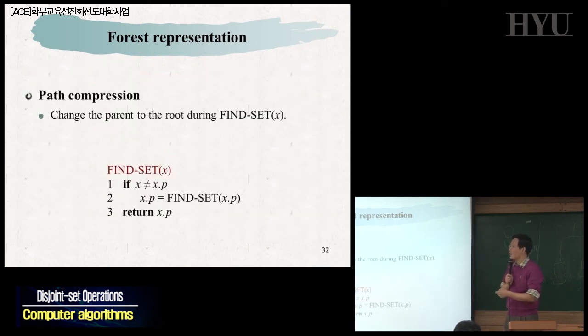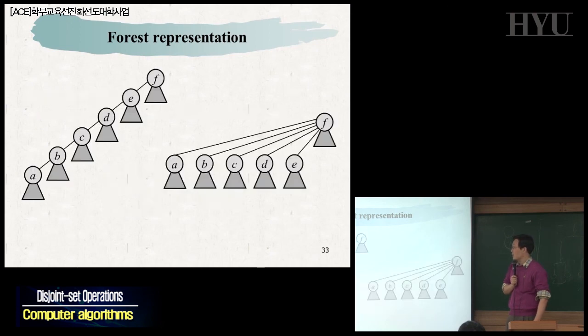So there is a technique to enhance the find set operation. It is path compression. It is this. Okay, assume that this is the original tree. And then the operation is find set of A. Then after the find set operation, we change the parent of A to F. Then the next find set of A takes constant time.